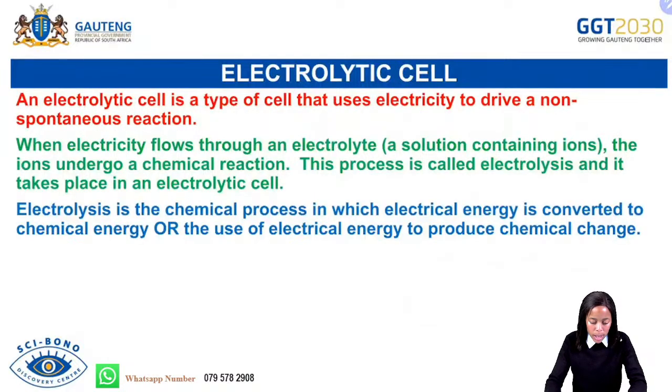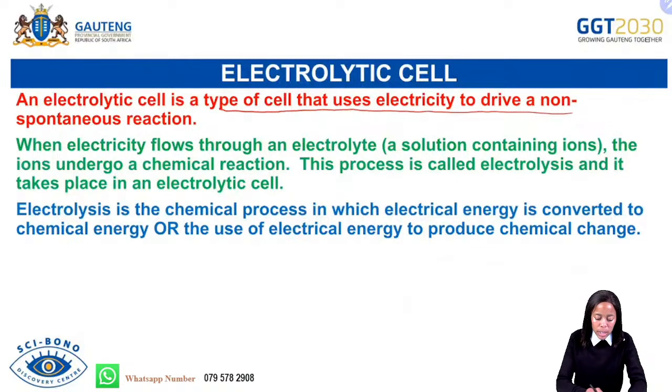Okay. Then it says an electrolytic cell is a type of cell that uses electricity to drive a non-spontaneous reaction. Okay. So remember we said that when it comes to the energy conversion, we are going to use electrical energy and convert it to chemical energy then.